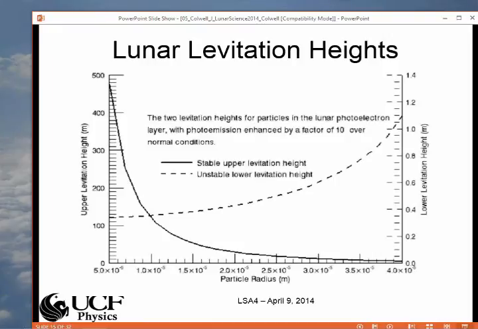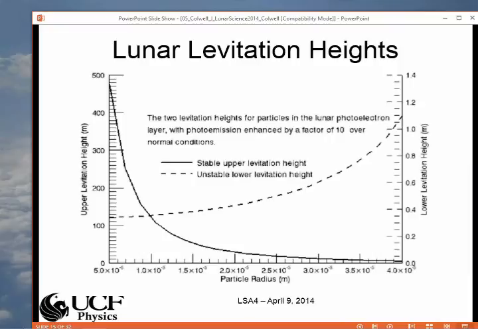What's the force balance look like? So if we take a look then at the moon, we've got, as a function of height above the surface, here on the horizontal axis, we have, for different size particles, the ratio of the electric field force upward to the gravitational force down, and where those equal 1 is where you would have a particle exactly balanced.